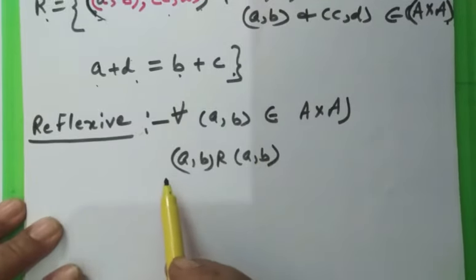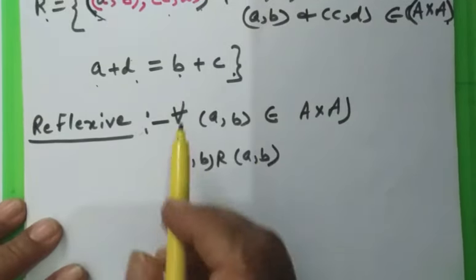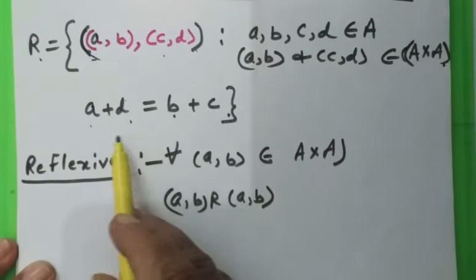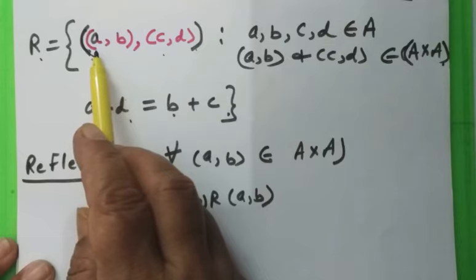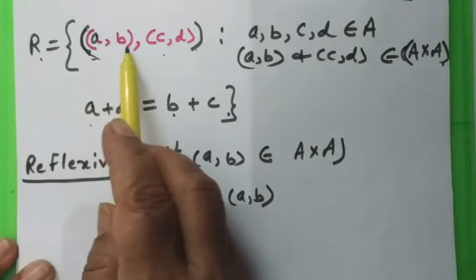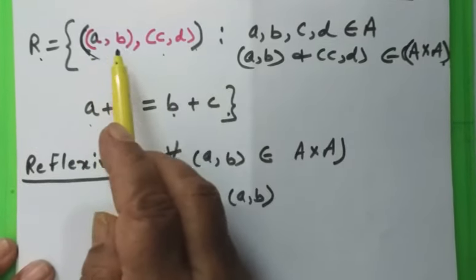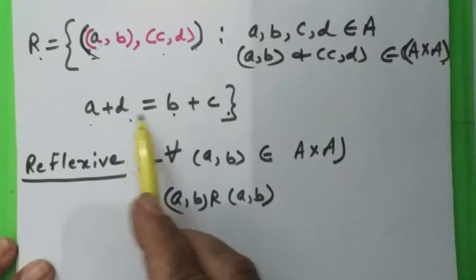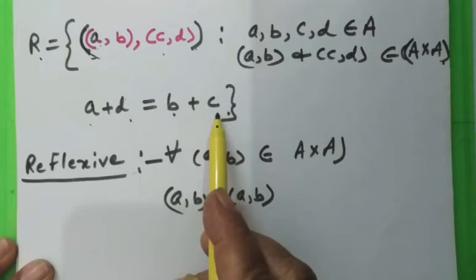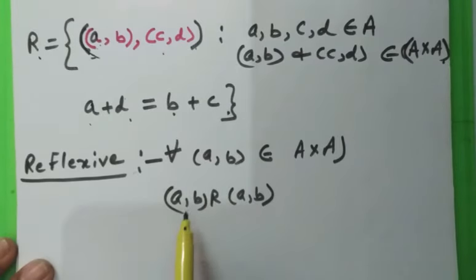When will (a,b) be related to itself? When it satisfies this condition, because the condition given for any 4-tuple to belong to R is that a plus d, first element plus fourth element, should be equal to the second element plus the third element. So let us check here.